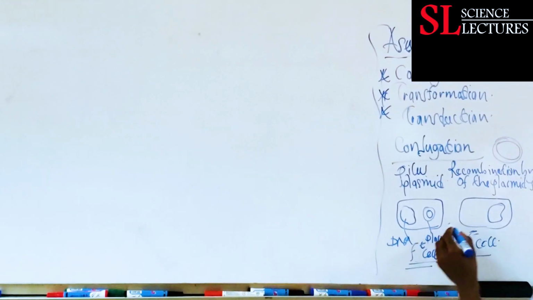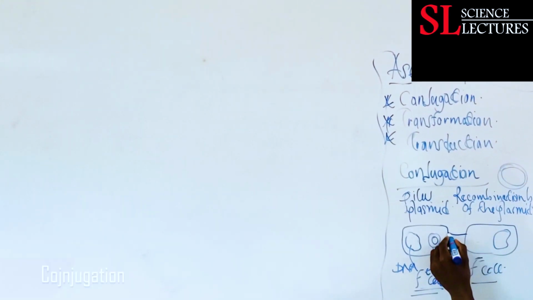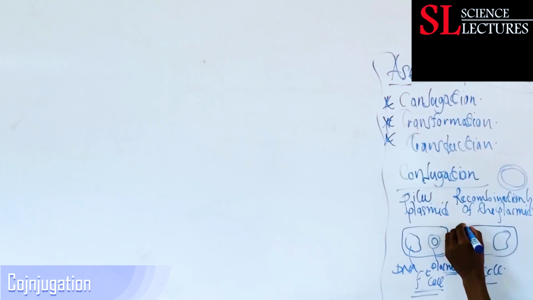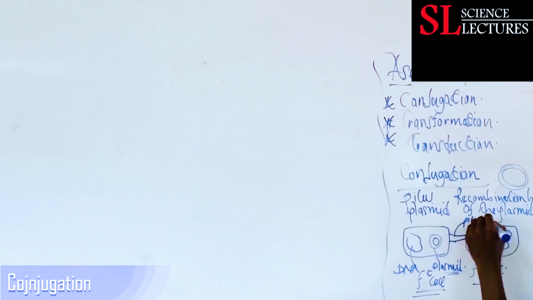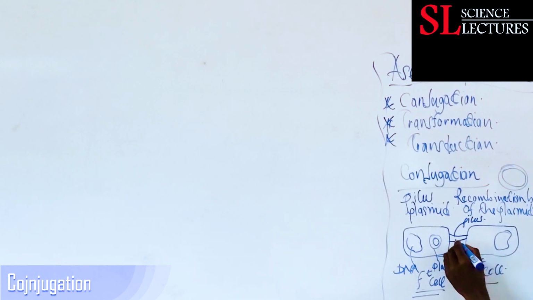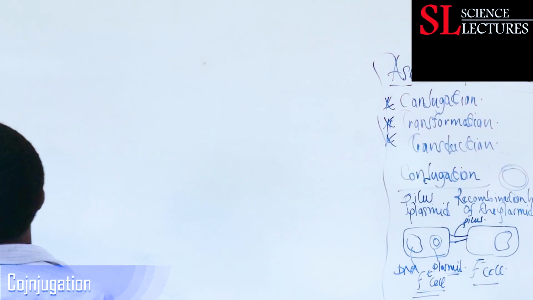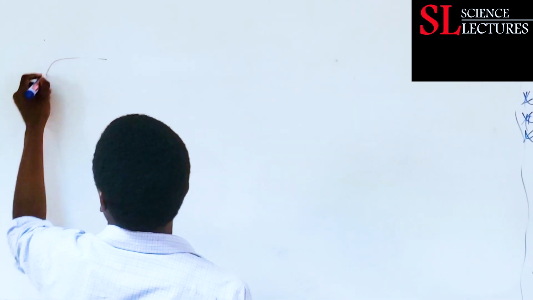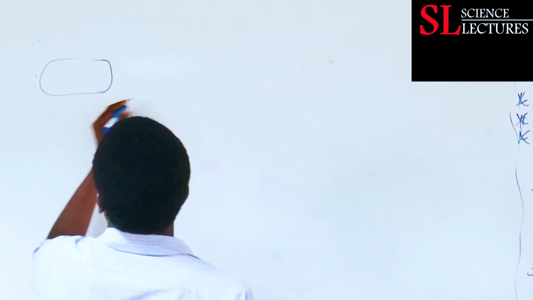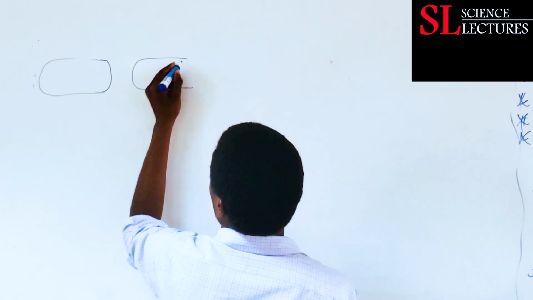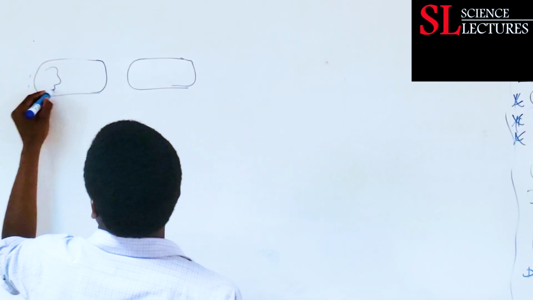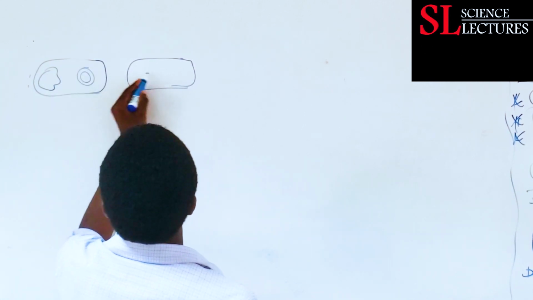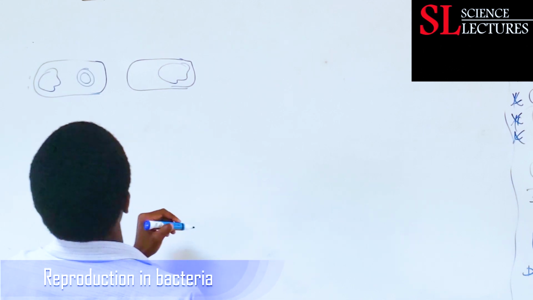What will happen is that the pilus will develop. The aim of this pilus is this. We have one bacterial cell with the DNA and the plasmid, and another with only the DNA.